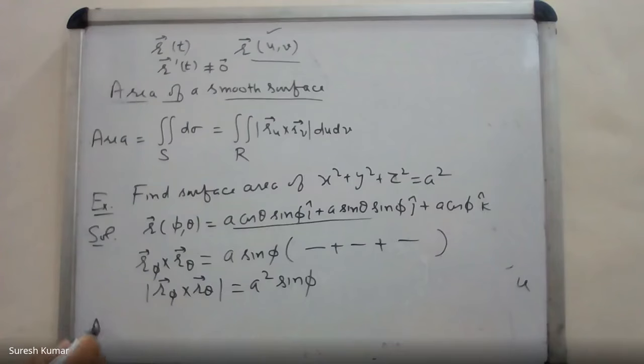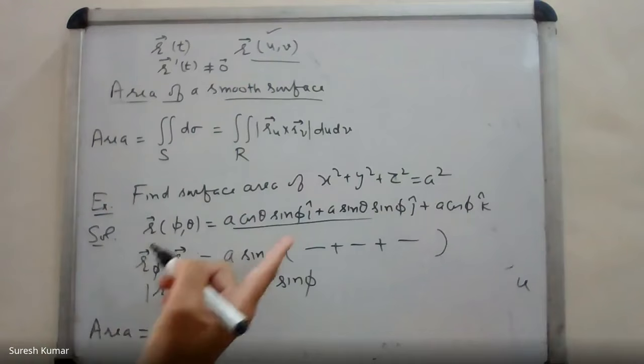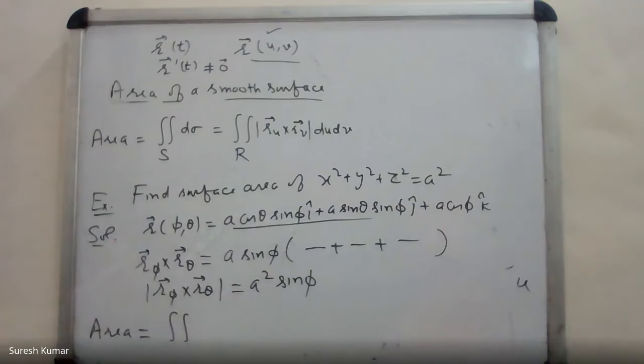So what is the surface area of the sphere? Double integral over R. R means the region in the theta phi plane corresponding to the spherical surface, of R phi cross R theta magnitude d phi d theta.